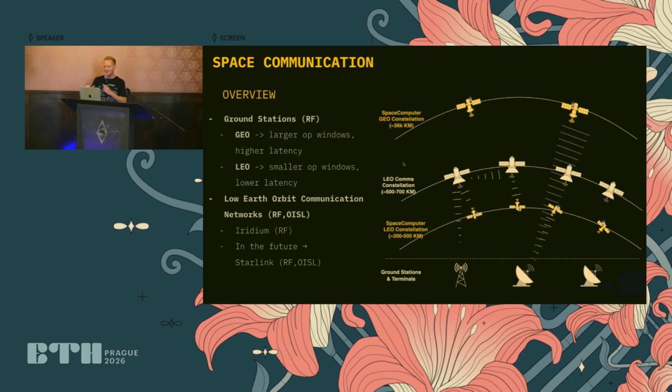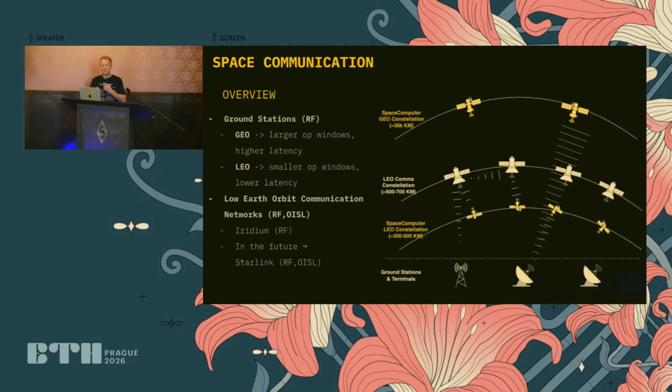The scale is not accurate in the picture, but this is almost 10x higher than low Earth orbit. And this is one way to interact from ground stations. For GEO, we would have longer operation windows, but higher latency because it's farther than LEO. With LEO, we get smaller windows, but lower latency because it's closer.